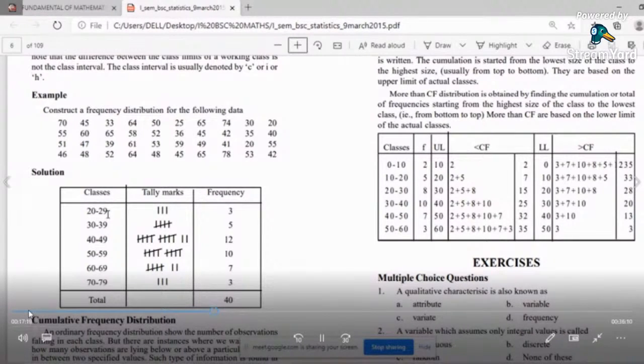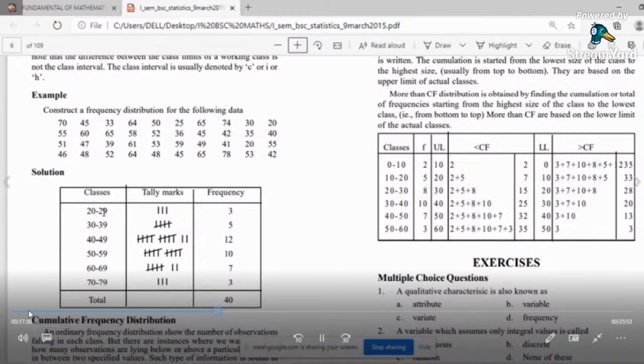20 to 29, 30 to 39, 40 to 49, 50 to 59, 60 to 69, 70 to 79. And pick up the observations in that class.